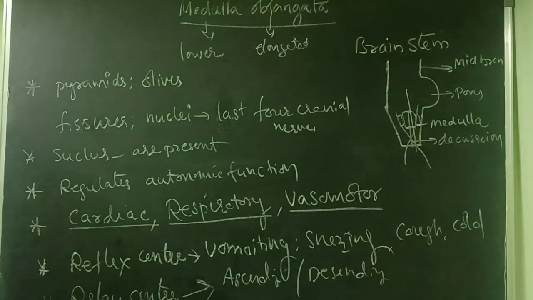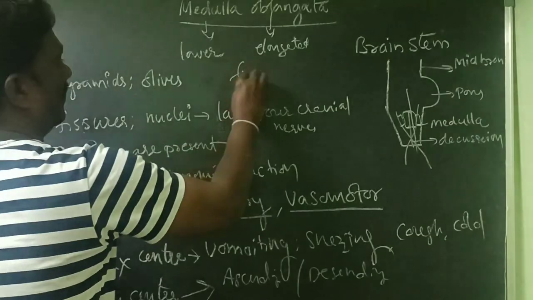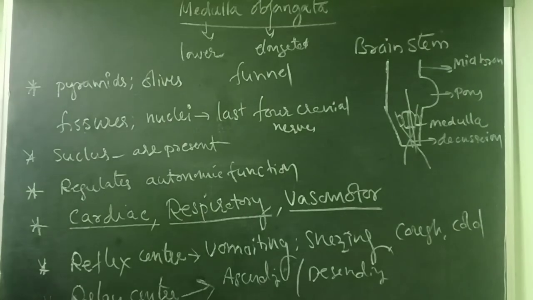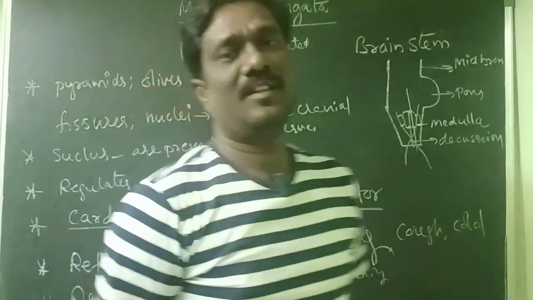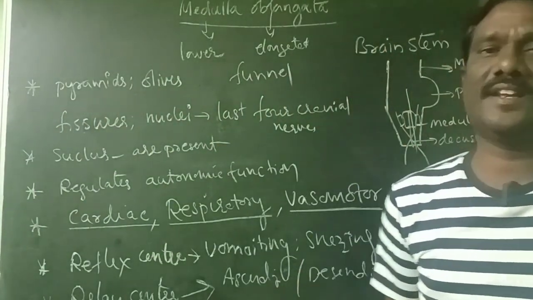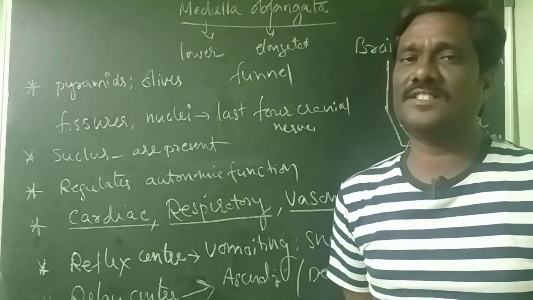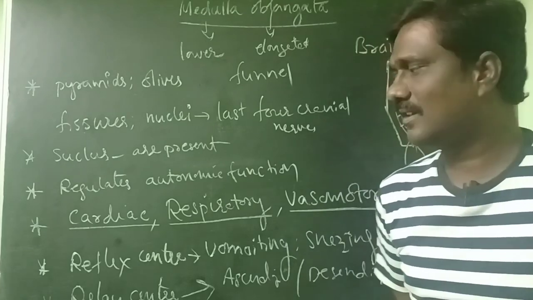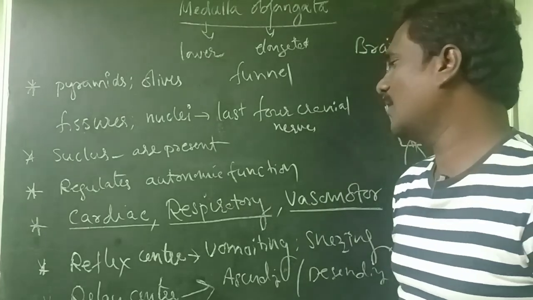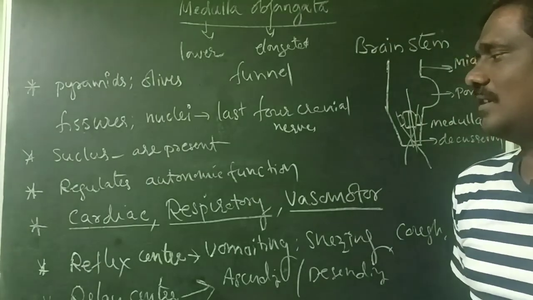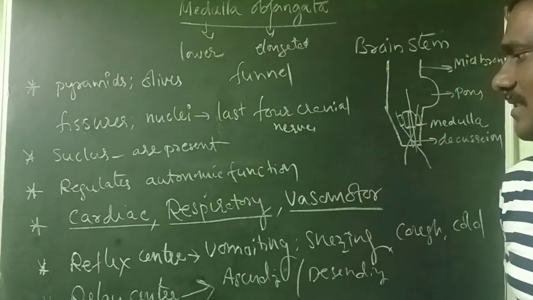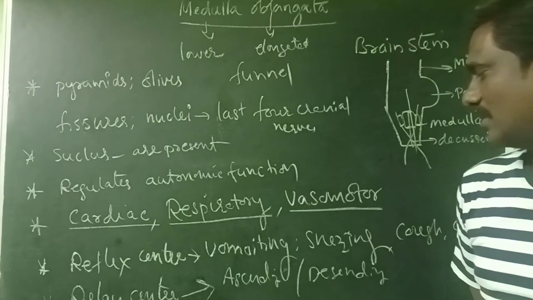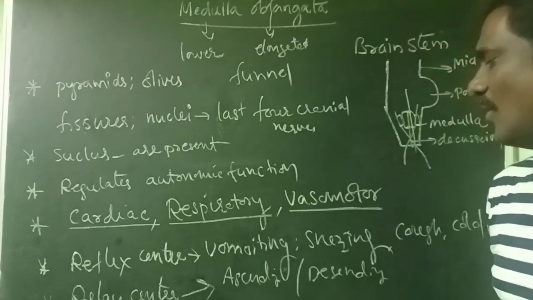The medulla oblongata is a funnel-like structure. Briefly, the brainstem is a funnel-like, cone-like structure. This is very important under the autonomic nervous system. It has centers for cardiac, respiratory, and vasomotor functions and regulates all of them. Next, it acts as a reflex center for sneezing and vomiting.